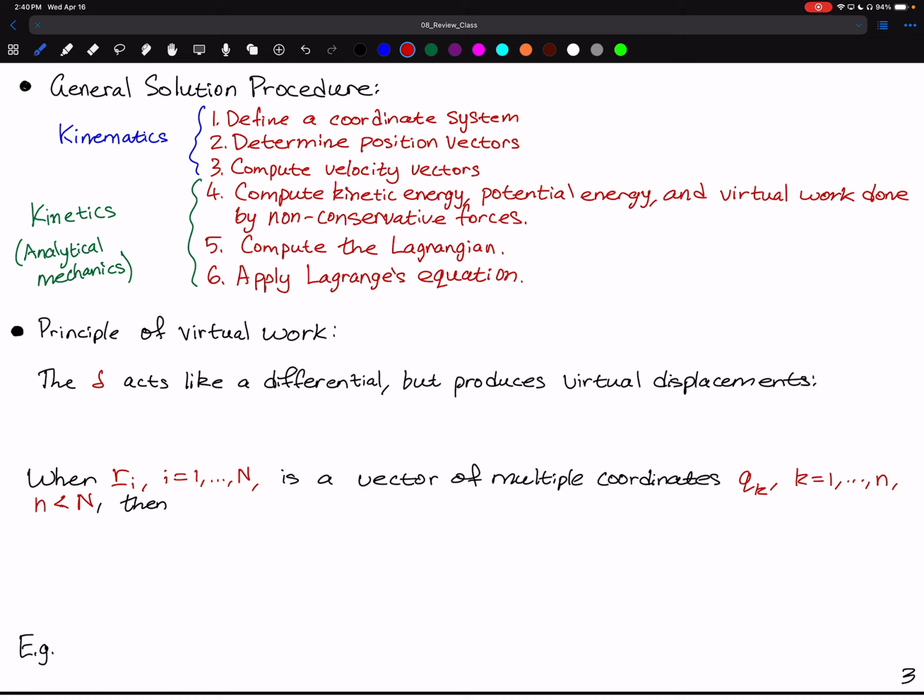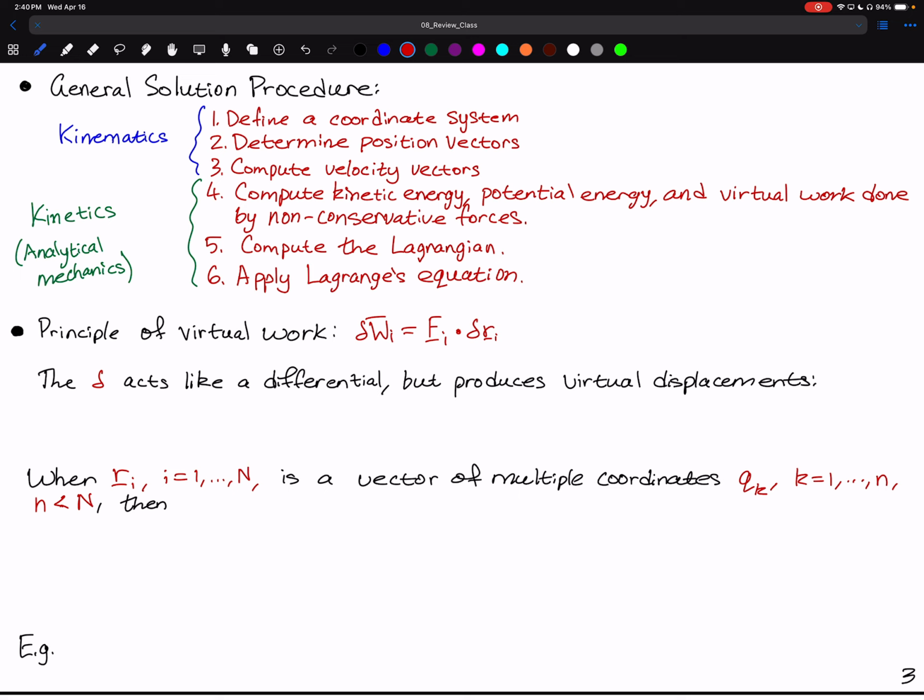All right, we're going to take a look at what principle of virtual work said. So when we wrote principle of virtual work, we had some delta W i. The delta implies that it's a virtual work. This is equal to F sub i dotted with delta r i, where the vector r i is the position vector for the force that's being applied, relative to center of mass, typically.